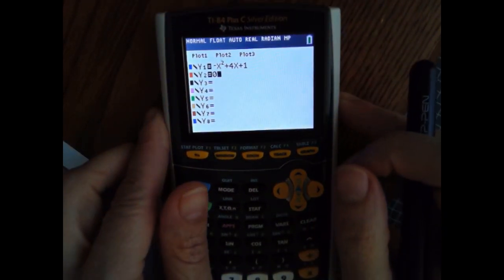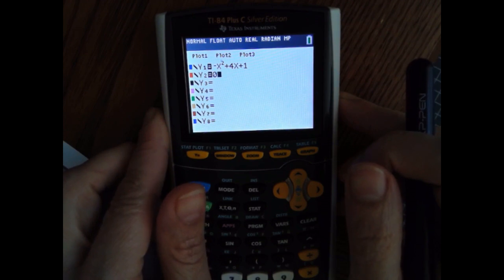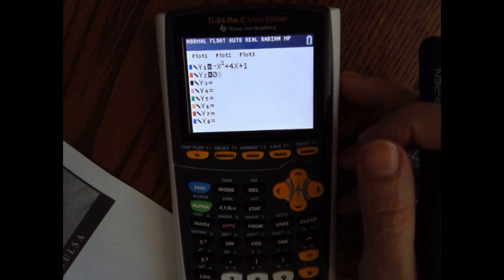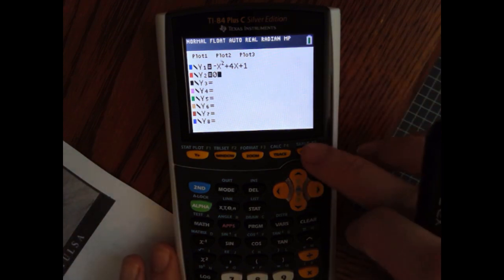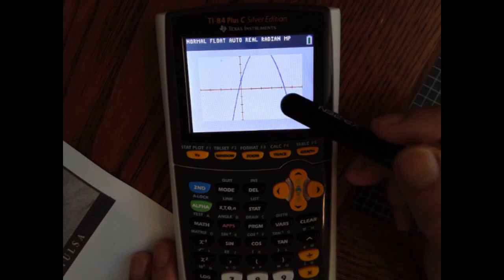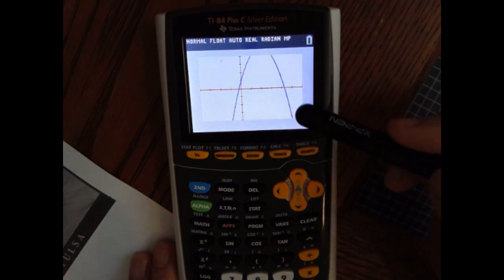Those points of intersection are my x-values, my x-intercepts. So let's hit graph. You see the red line is 0, and this is my parabola right there.